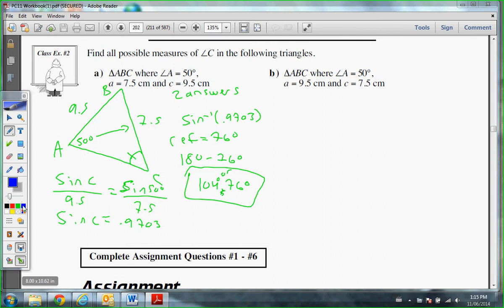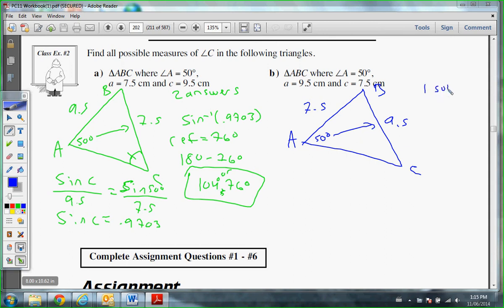Okay, same situation here. They just switched A and C on us. So c is 7.5, a is 9.5, and the angle is 50 degrees. So this time, the given angle makes the bigger side, so we're going to get one solution. Now again, just set it up.